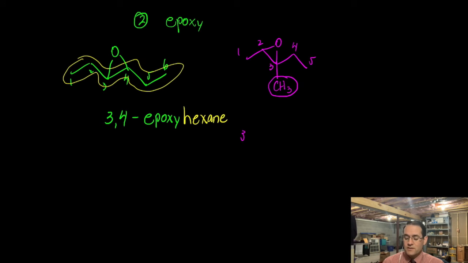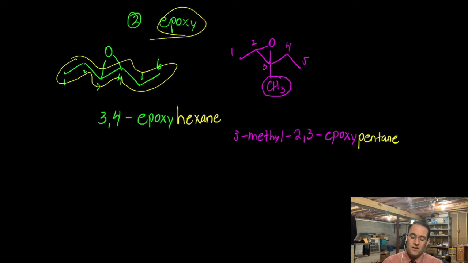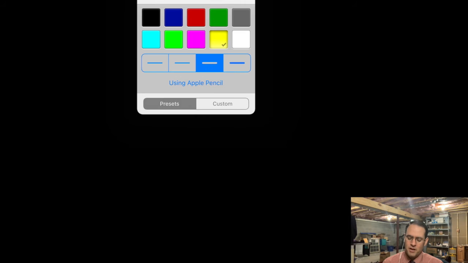So we would want to indicate the position of the methyl group, okay? And then we want to indicate the position of the epoxide. It's between carbons 2 and 3. 2,3-epoxy. And then the parent chain for 5 carbons is pentane. Okay, so that's a second way to name epoxides.